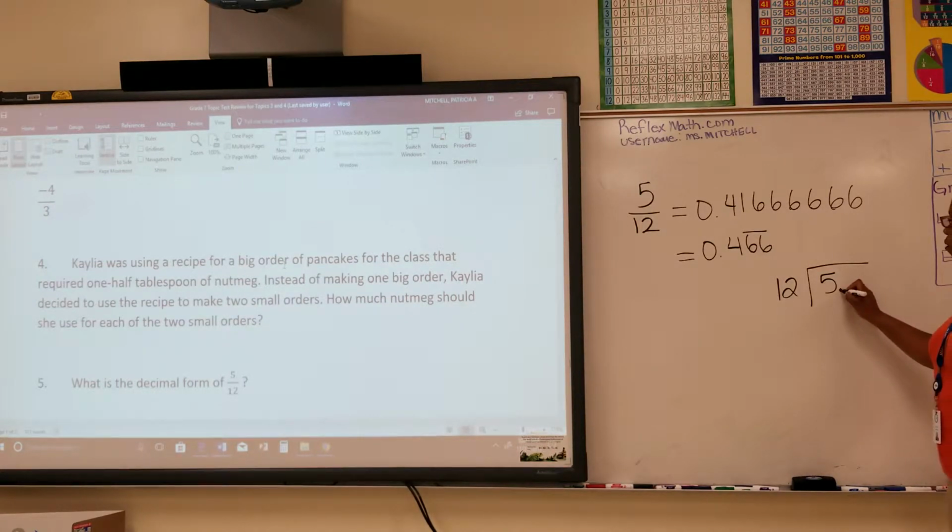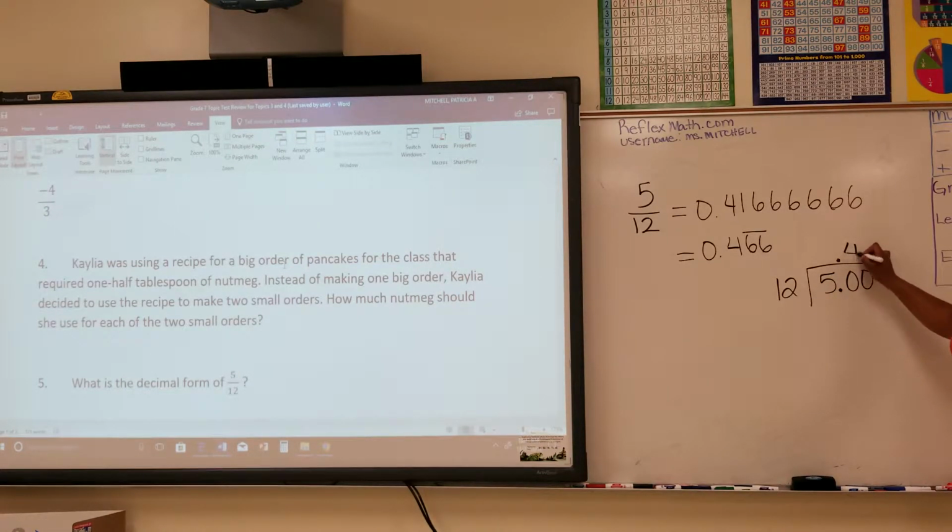So therefore, you have to put a decimal with 2 zeros. Okay? Remember, when you put that decimal here, you're going to put it up top. And then you will then go ahead and divide. 12 can now go into 50 4 times. 12 times 4, 4 times 2 is 8. And then that 4.